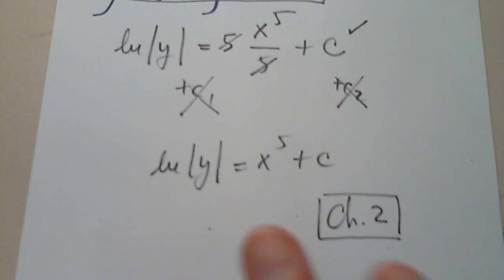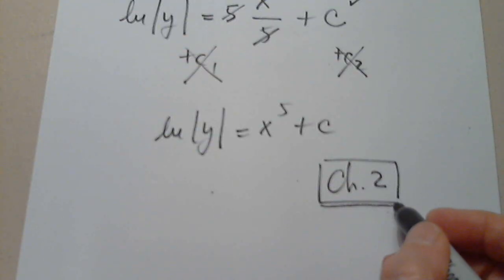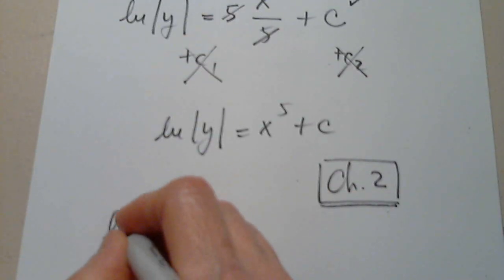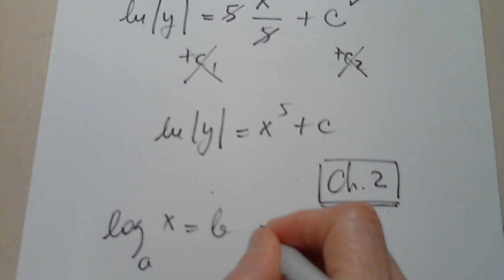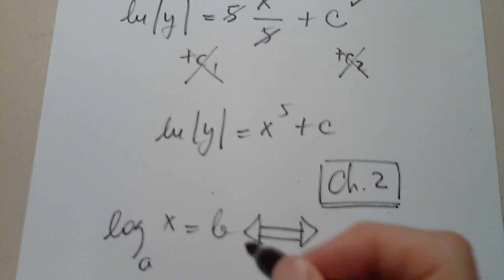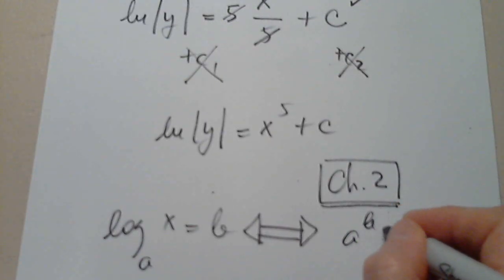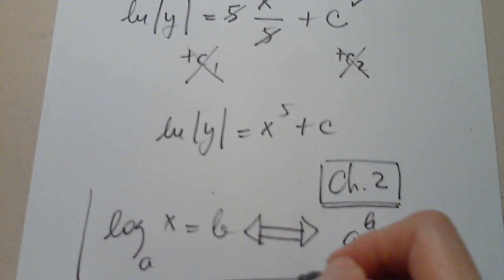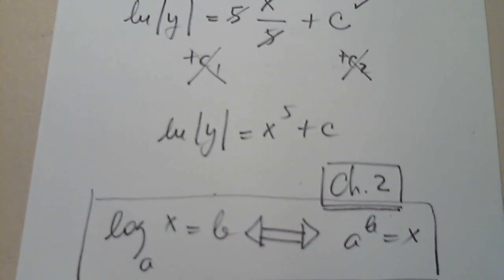From this point on, there is no calculus. In chapter 2, we said the following. Any log base a of x equals b can be replaced by a raised to b equals x. This is the most important identity in chapter 2.